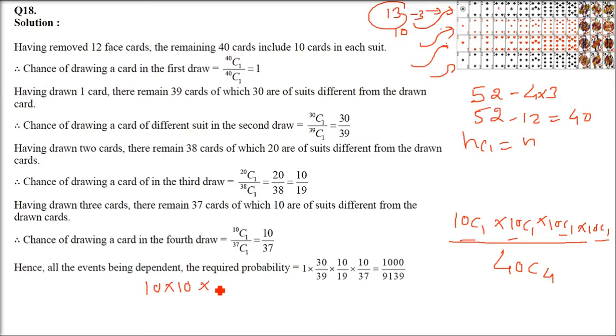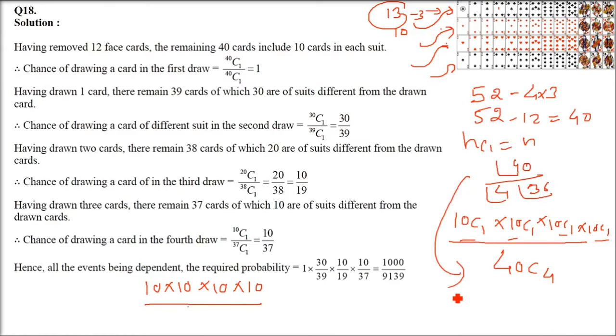So 10 into 10 into 10 into 10, 4 times. And in the denominator we have 40C4. Now this 40C4, let me do it here, because I want to show that the answer will be the same as what you see here. Factorial 40 by factorial 4 by factorial 40 minus 4, that is factorial 36.